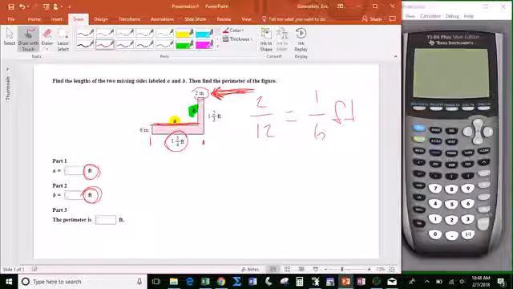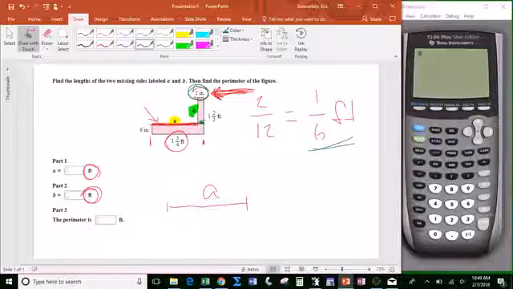So this red line that I've drawn here, that's A. A we don't know. Then let me switch colors here, green. This section right here is the same as this 2 inches on top, and we just saw that 2 inches is the same as 1/6 of a foot.